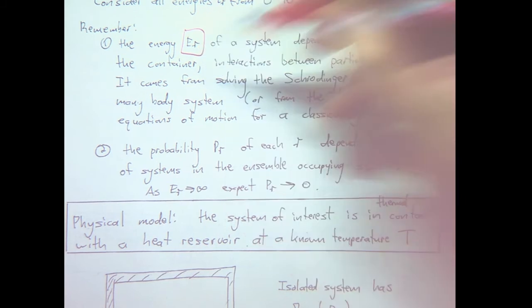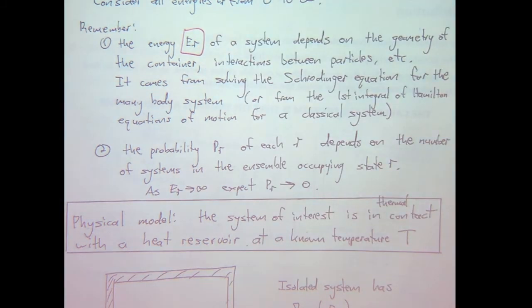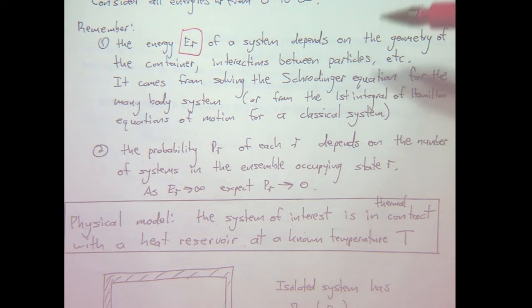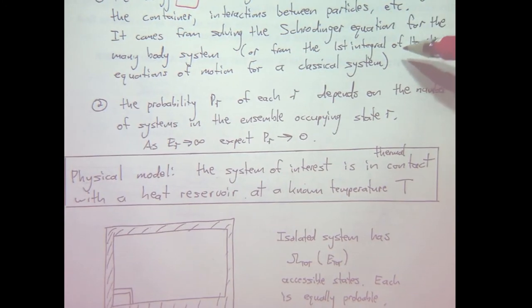R is this particular state of the many-body system, a single state. That comes from solving the Schrodinger equation, or for a classical system, the first integral of the motion.